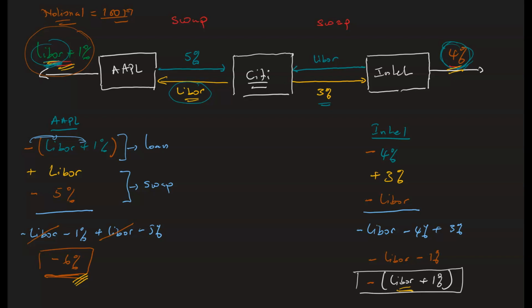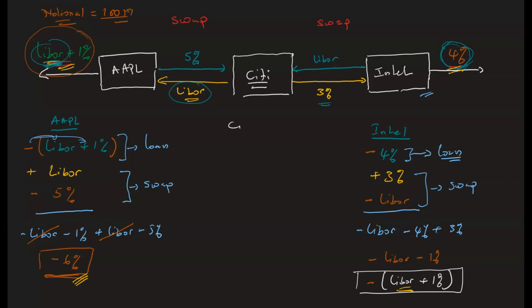How about Citi? Now, through this all, we remember this was again the loan for Intel, and this here was the swap. Where does Citi come in here?